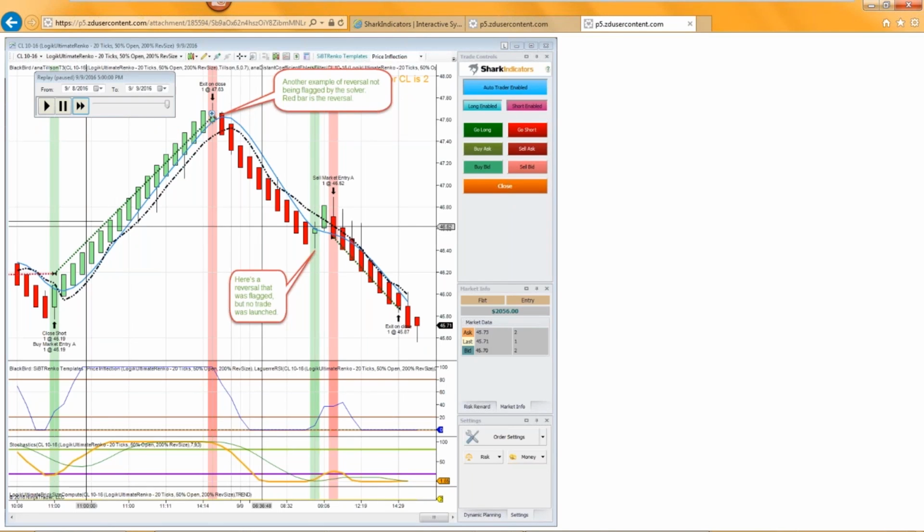So that's why you get some of these half Renko size reversal bars like this. I'm not sure why the pure logic ones are doing that. Kind of funky for a Renko, but it is what it is, and it's nice to have all these different bar types out there.